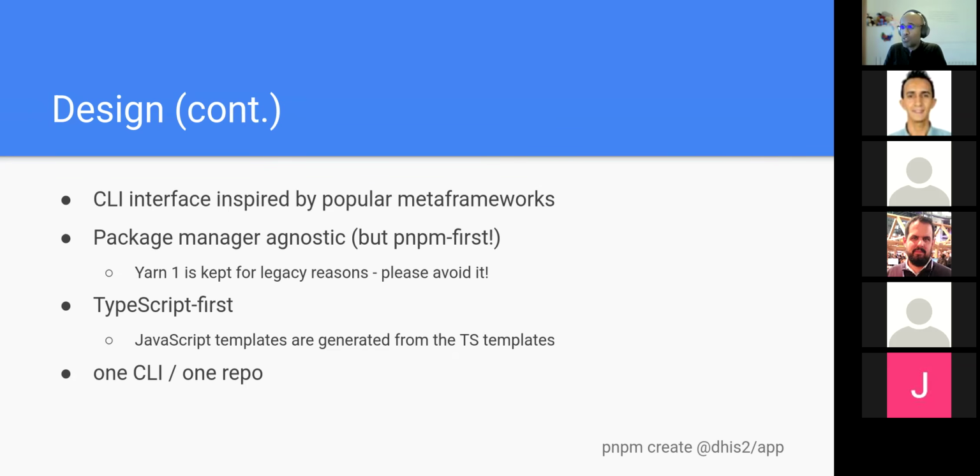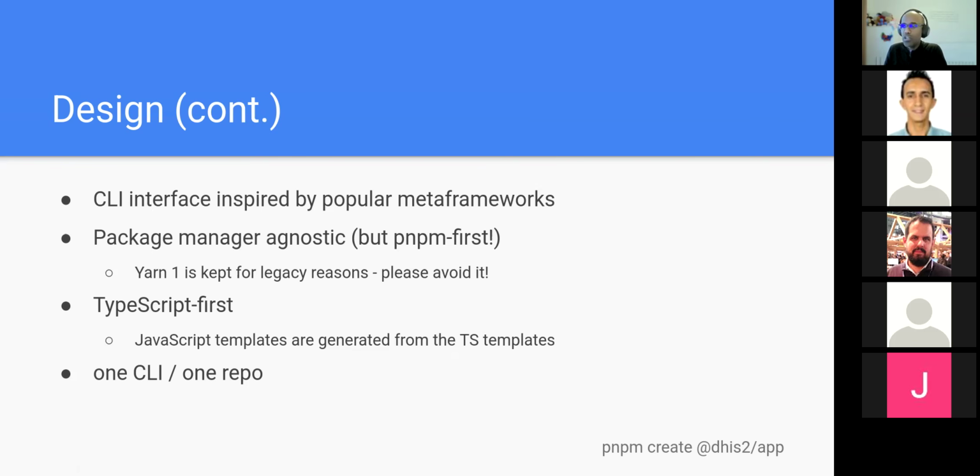But our focus and the documentation, you can see, is shifting to pnpm specifically. And we encourage you to use that, or use npm, but not yarn1. We're keeping yarn1 support for legacy purposes, but at some point we'd want to move away from it completely. The templates are TypeScript first, which is in line with what we're doing, but you can also generate JavaScript.